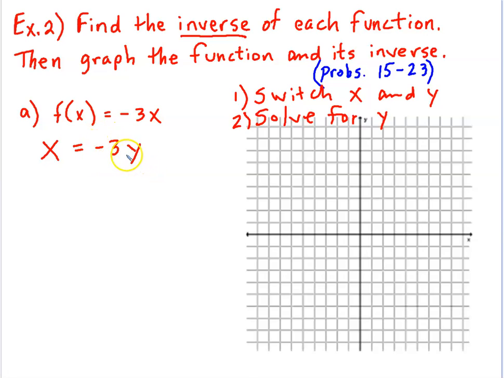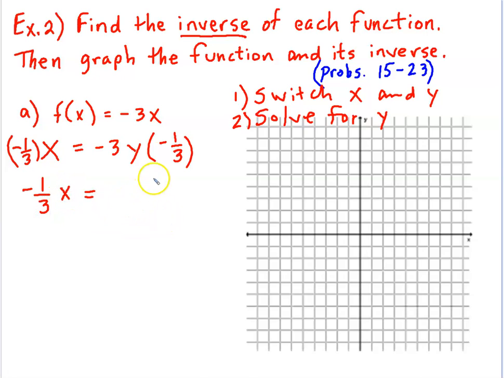You could say divide both sides by negative 3. I get it. I'm going to choose to multiply by negative 1/3. I just like that better because I can see the slope better. And so when I multiply by negative 1/3, I get negative 1/3 x on the left.